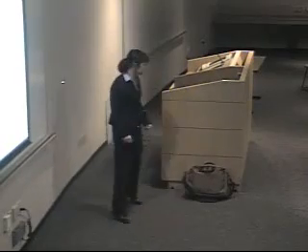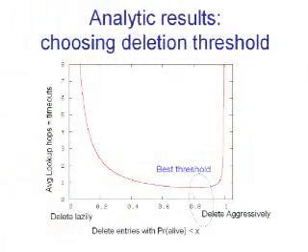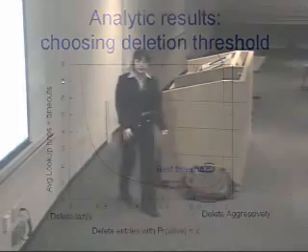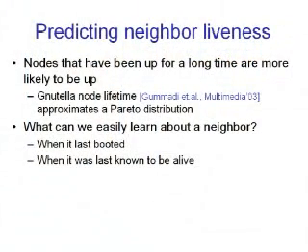On the x-axis, we have the deletion threshold. That is, you delete entries whose probability of being alive is less than x. The right-hand side is deleting very aggressively, and the left-hand side is deleting very lazily. You get this bathtub-like curve with a minimizing point somewhere between 0.8 and 0.9. So we pick our best deletion threshold to be 0.9.